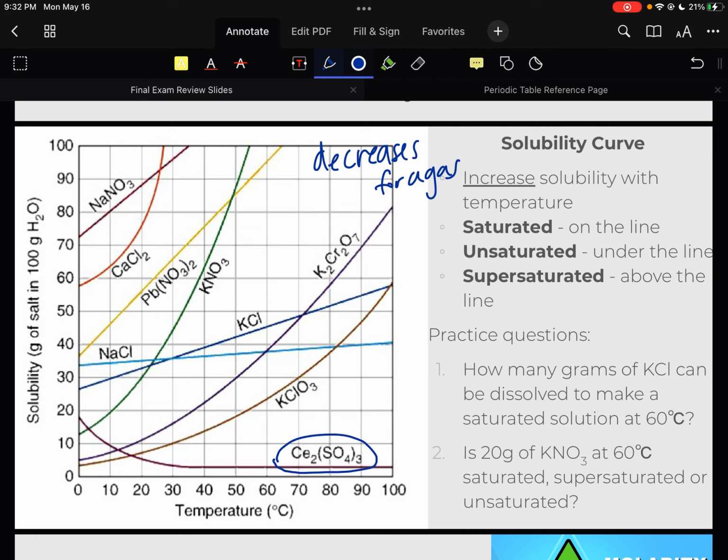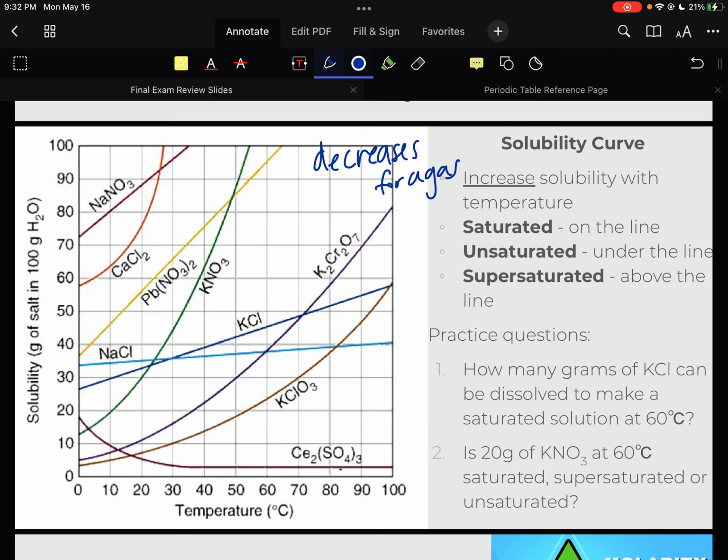So cesium sulfate down here is a gas, and so you can see the solubility actually decreases a little bit for that compound. But for most of the solids that we'll talk about, we can just remember that temperature can help increase that solubility. That's like how you make sweet tea, or get your salt water to dissolve. You can heat it up.